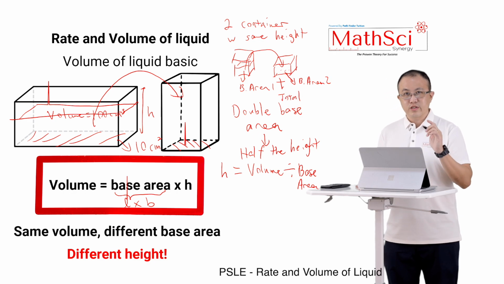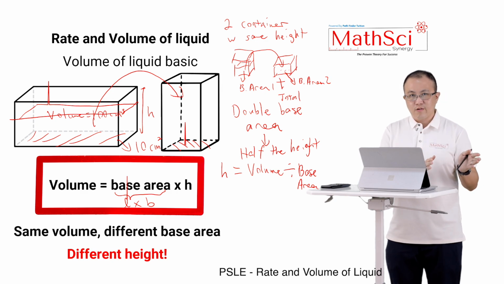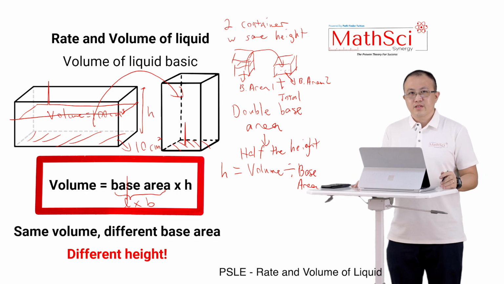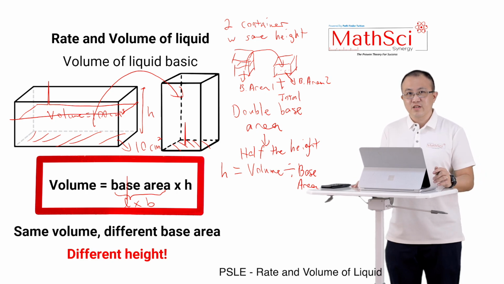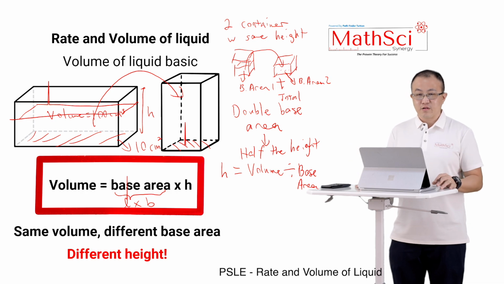Then you take the total volume divided by this total base area to find the equal height. If next time you encounter this question, you can try this method and come back to tell me whether it works. It definitely will work. So if you face this problem, just take the base areas, add them together, take the total volume, and divide by that. Then you will get the same height.